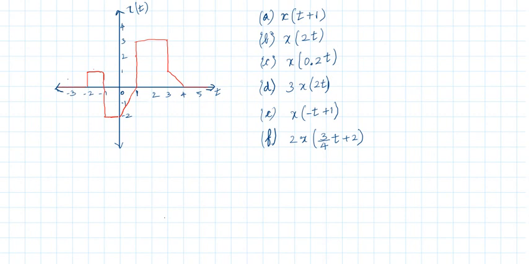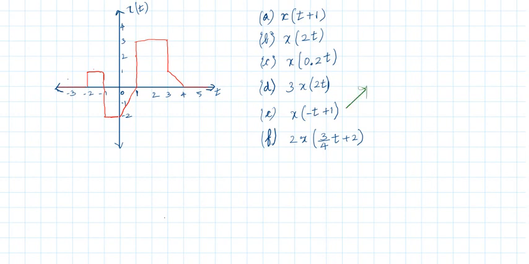Then this is very important: x of minus t plus 1. Understand the difference between t plus 1 and minus t plus 1. Here there is a time scaling of -1. Most students will make a mistake here.